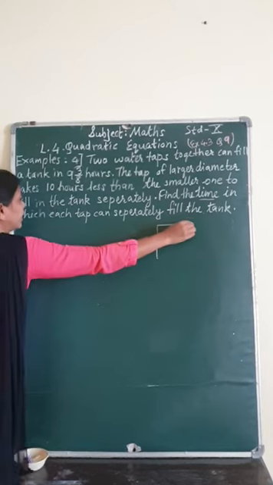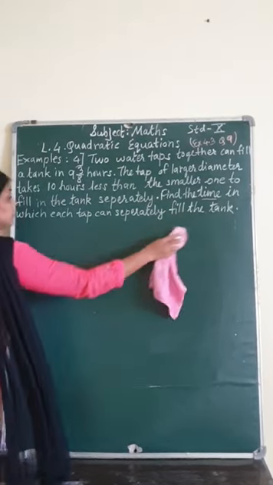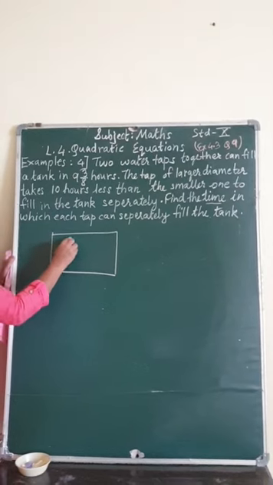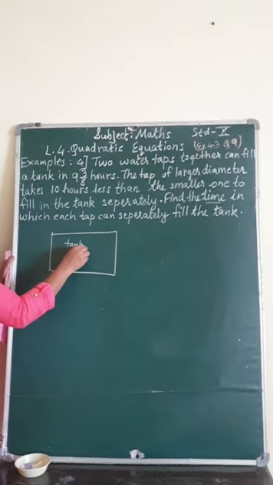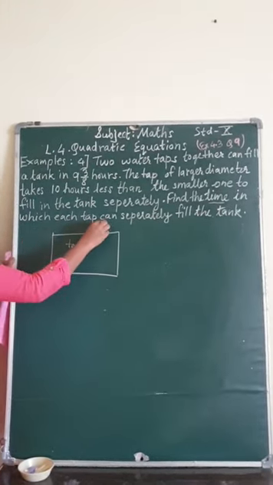Suppose this is a tank, full tank. I will draw it here. Try to understand this question first with this presentation. This is a full tank. Now it is filled by a larger tap and a smaller tap.